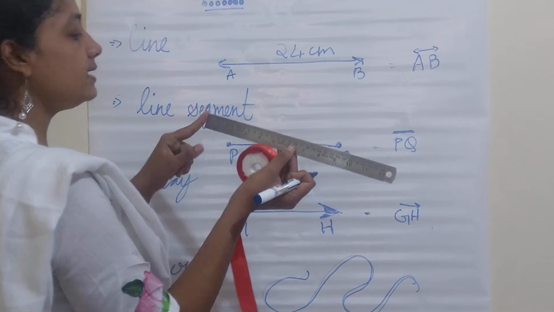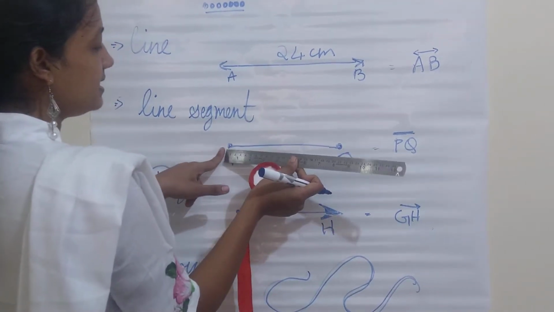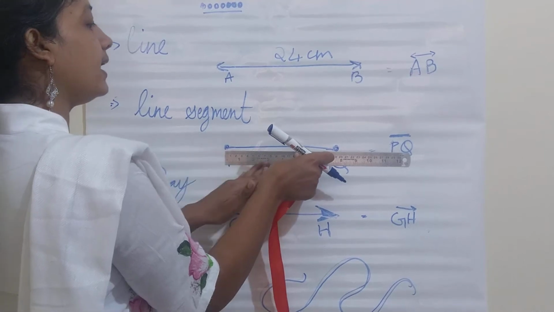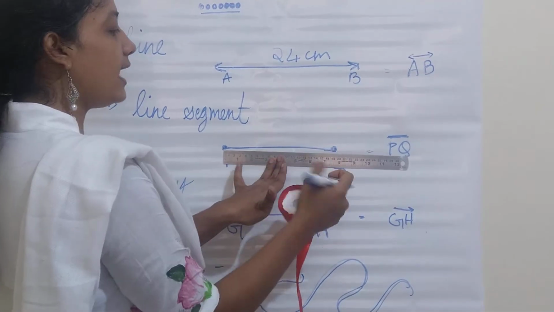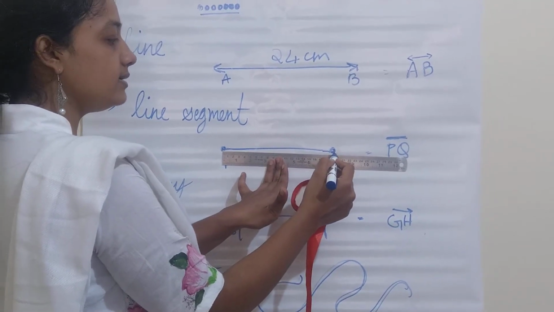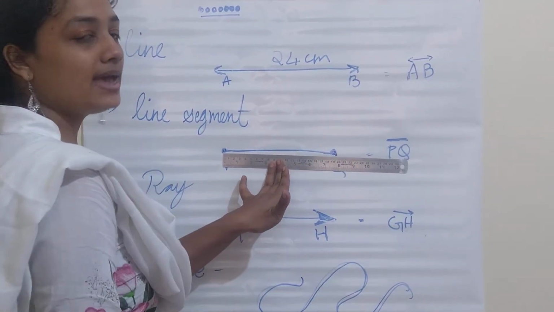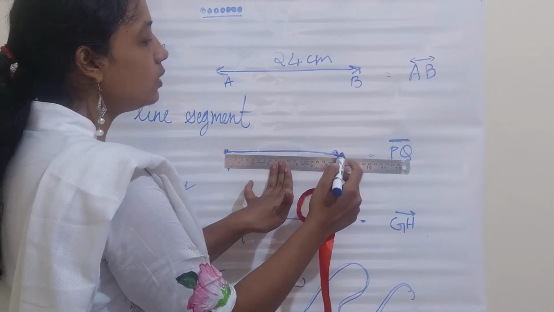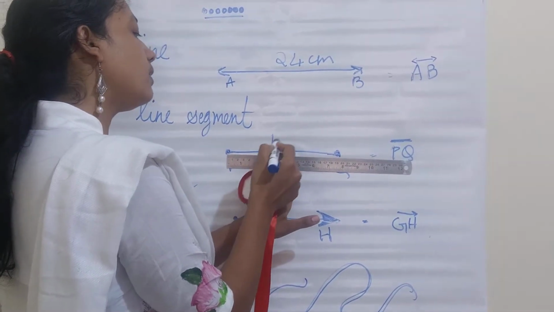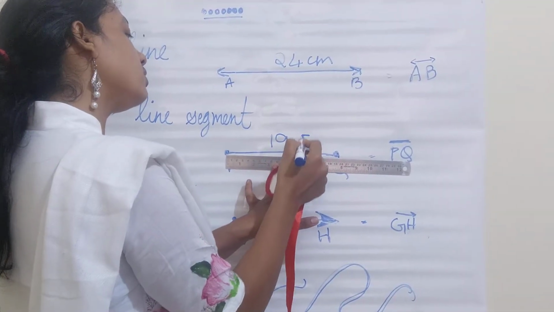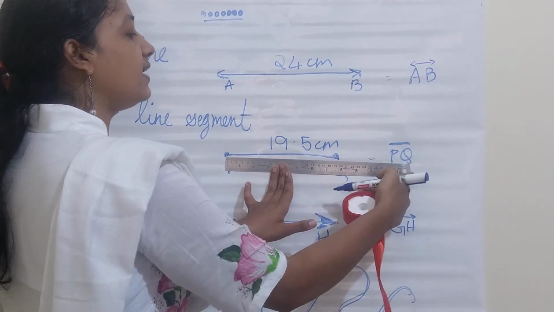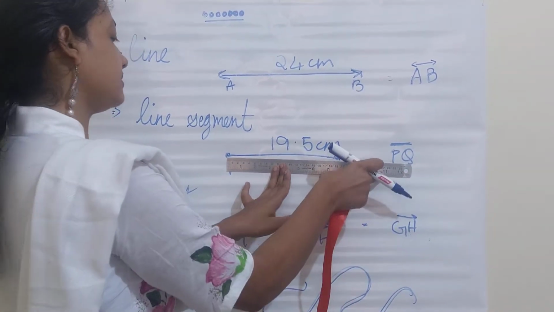Just like that, we'll measure the line segment too. First step, keep your scale starting from 0 at one end. And see at the next end, the point reaches which number on the scale. Here it reaches 9.5. Sorry, it is 19.5. So the line segment is 19.5 centimeters.